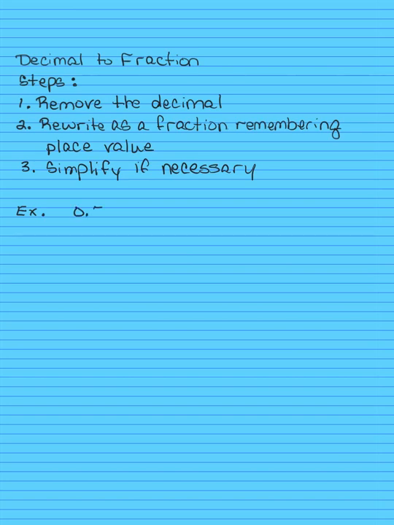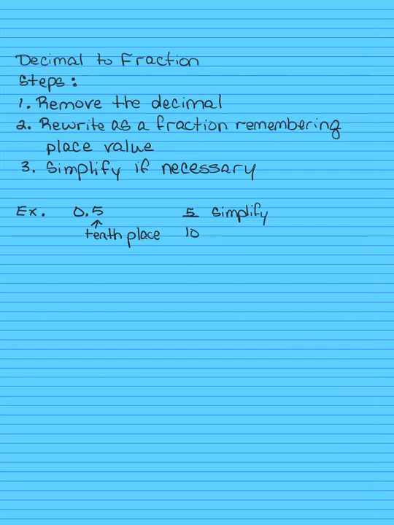So our example is going to be 0.5. If you notice, 5 is in the tenths place. So I'm going to write 5 as my numerator, and then underneath I'm going to write 10 because my 5 is in the tenths place.